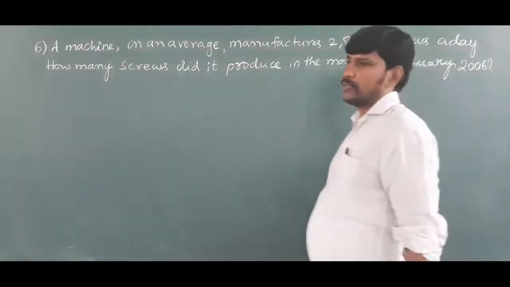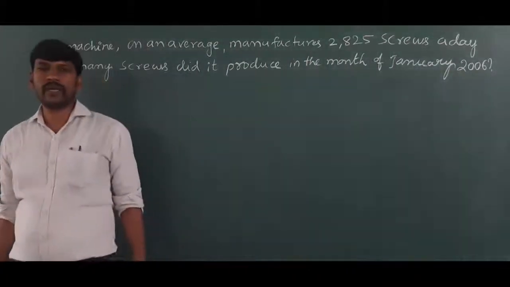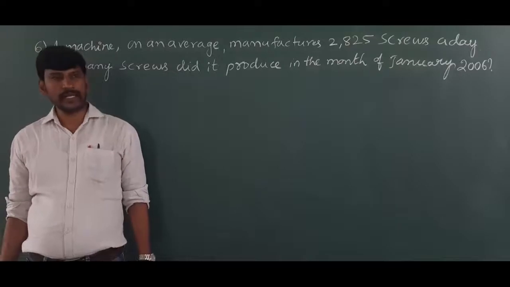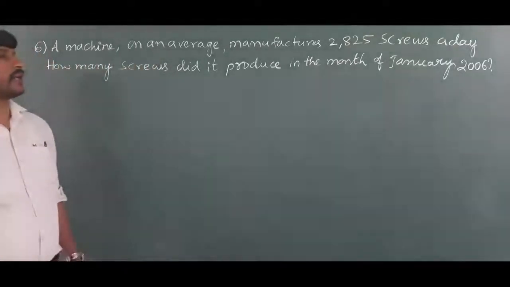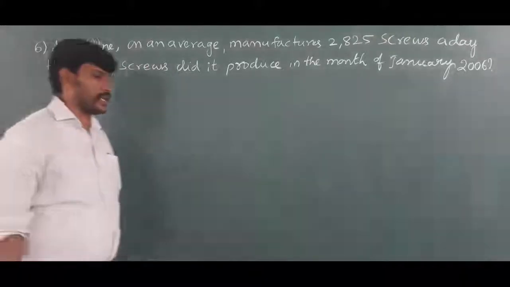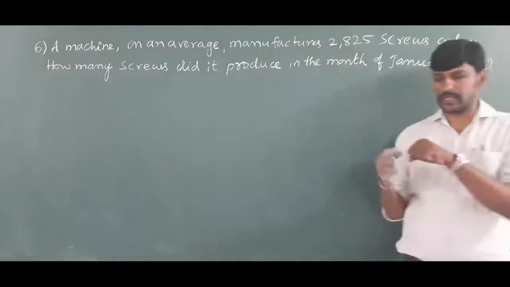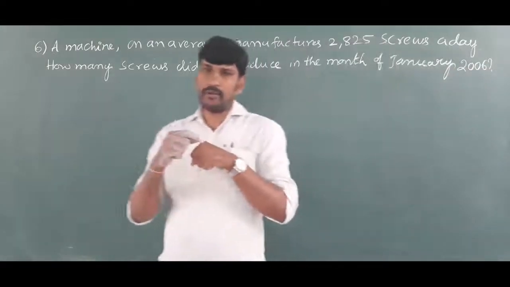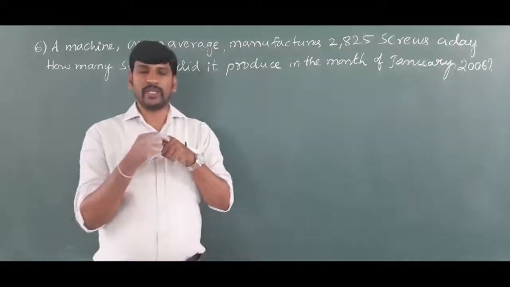In any year, if you take January, how many days are there in January? Is it 30 days or 31 days? Yes, there are 31 days in January. We just count like this here. The above part will become 31 days, the down part will become 30 or below 30 days.